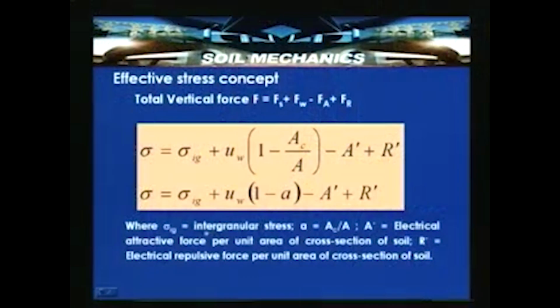So, sigma Ig is intergranular stress, a is Ac by A, A dash is the electrical attractive force per unit area of cross section of soil, and R dash is the electrical repulsive force per unit area of the cross section of soil. This can be simplified further by writing: sigma is equal to sigma Ig plus Uw into 1 minus A dash plus R dash.